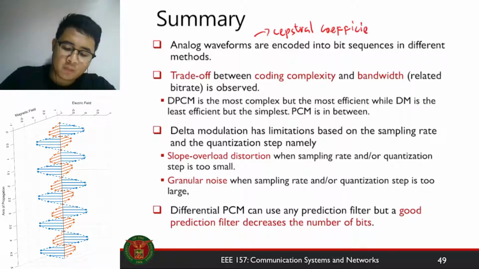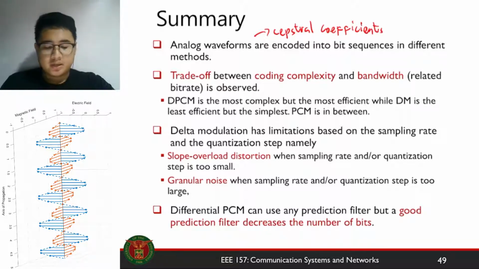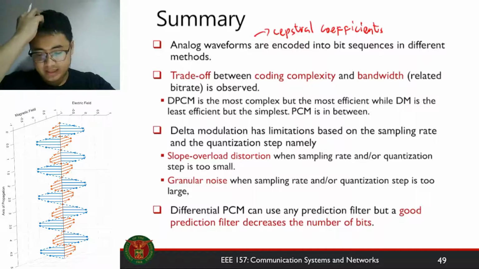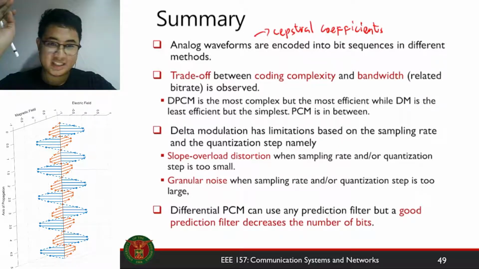And this is what phones actually use. They use the cepstral coefficients to encode a speech signal, and it's a very accurate representation of a speech signal in what we call the cepstral domain. Okay, and if we transmit that as bits, it's very efficient. But that's for higher, more advanced courses. It's not for this one. Just an example.